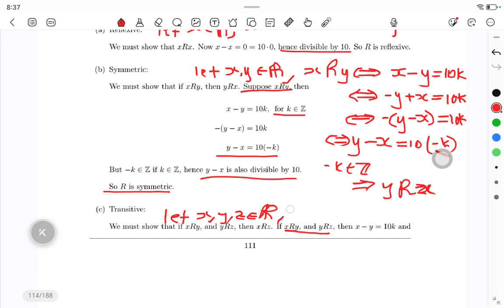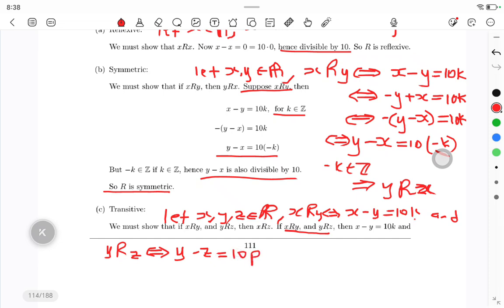I'm going to take x related to y if and only if x minus y is equal to 10k, and y related to z if and only if y minus z is equal to 10p. I'm no longer going to take k because I've already used k here. Then I say for k, p elements of the integers.